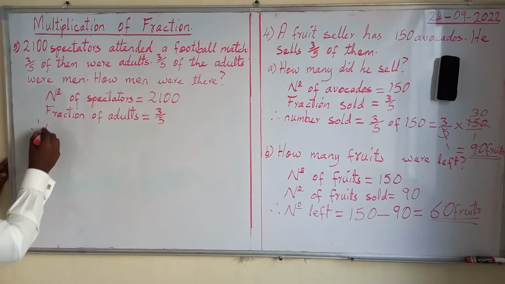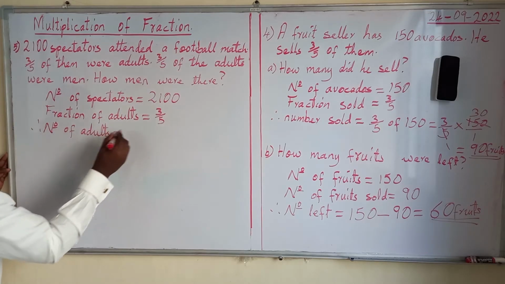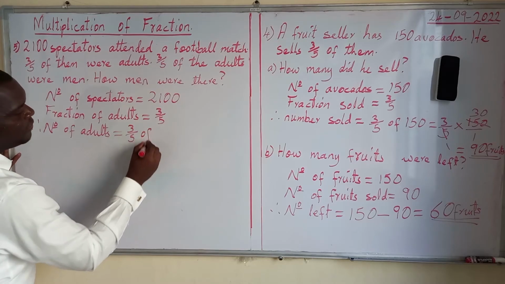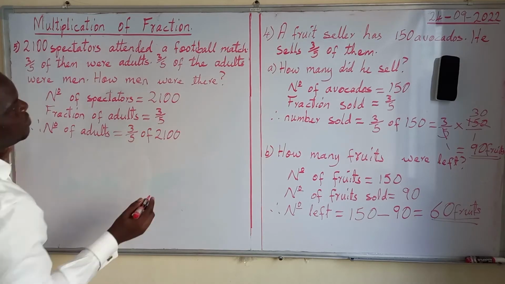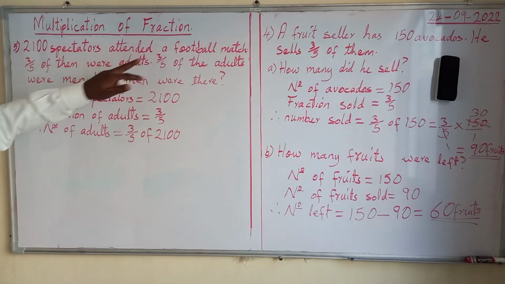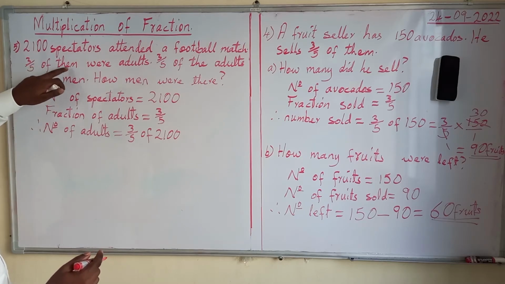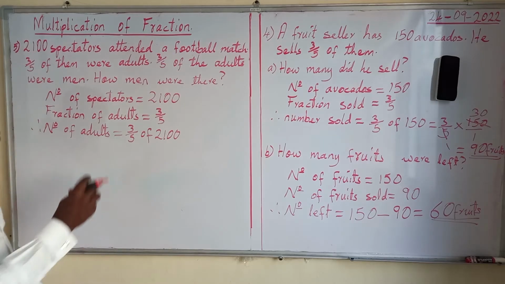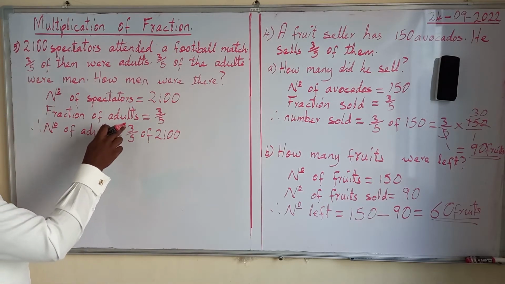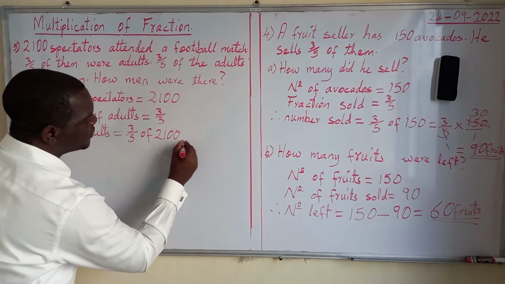Therefore, number of adults will be equal to 3/5 of 2,100, because it is clearly mentioned here that 3/5 of them. This "them" stands for spectators. So to find the number of spectators who were adults, you simply calculate 3/5 of the total number of spectators.